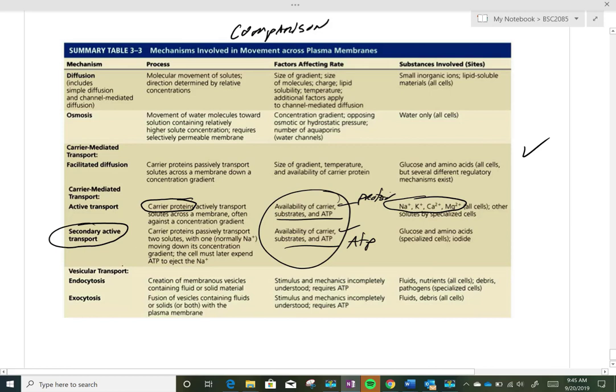Now, the secondary active transport, the only difference is what? Glucose, amino acids, and iodine. All right, so what is glucose, amino acids, and all these things? When your cell puts it inside, what is that called?